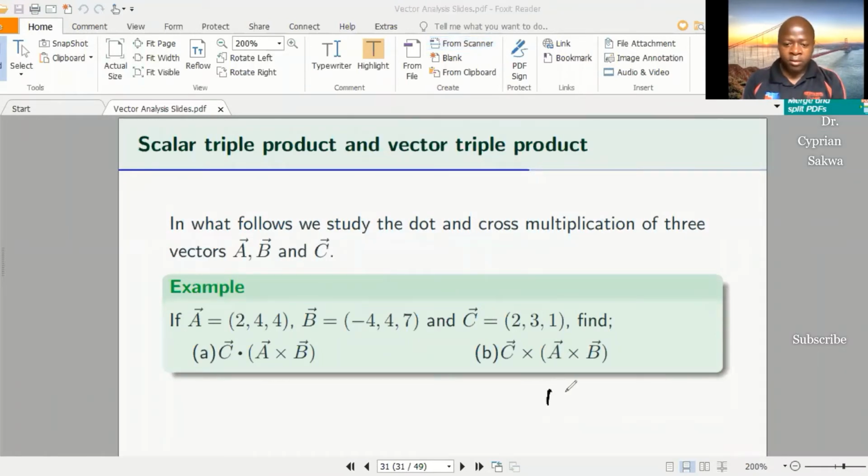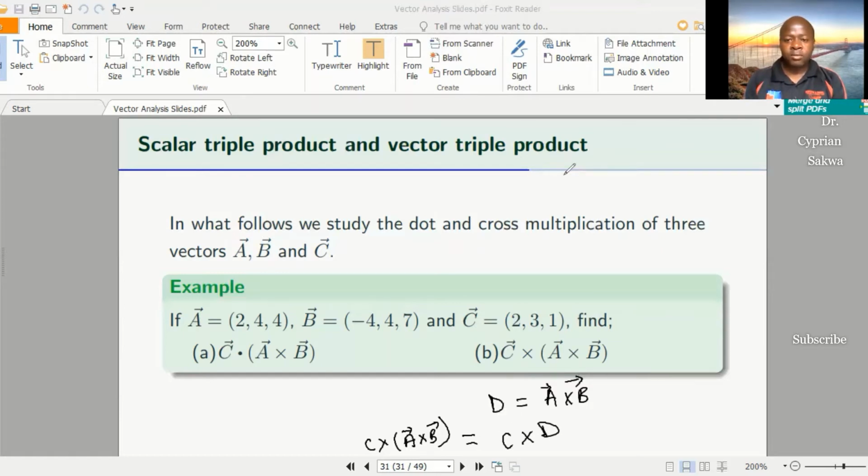Find A cross B. Let's say that A cross B gives you D. And if it gives you D, then find C cross D. This is what will give you C cross, bracket, A cross B.